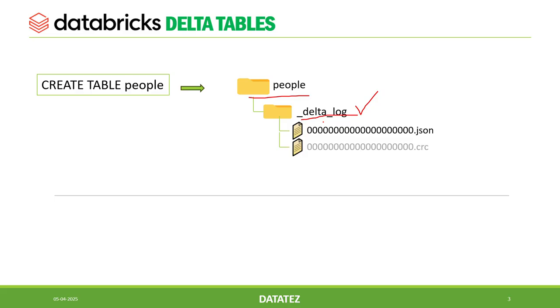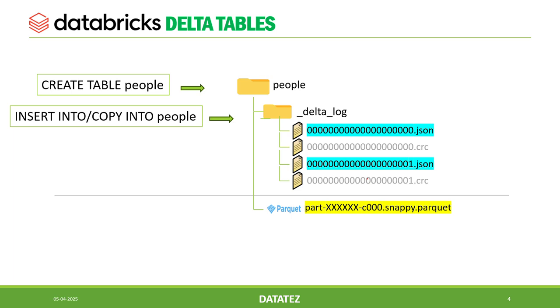Now, you see that nowhere do we have any data. It's just the empty table that we have created. What if we load some data into the table? Maybe you will be using insert into, or you may be using copy into. If you load the data into the table, it's the second kind of operation that we are doing on the table, which is about loading the data.